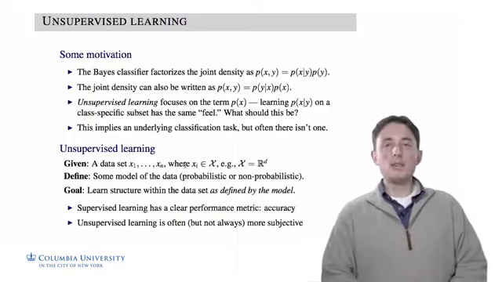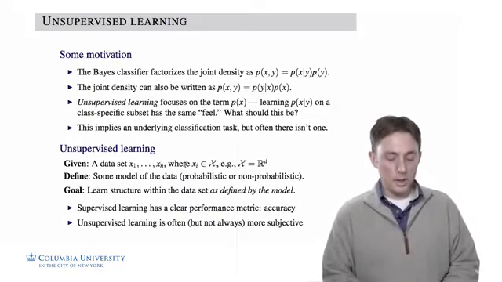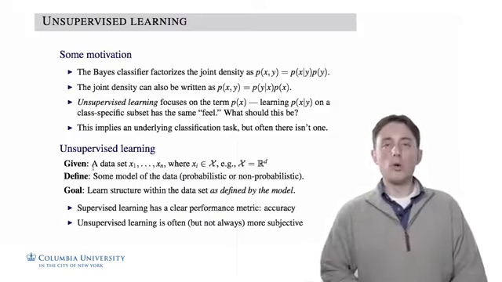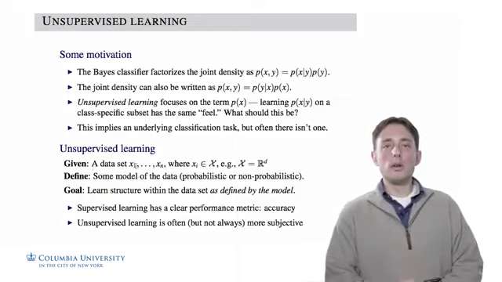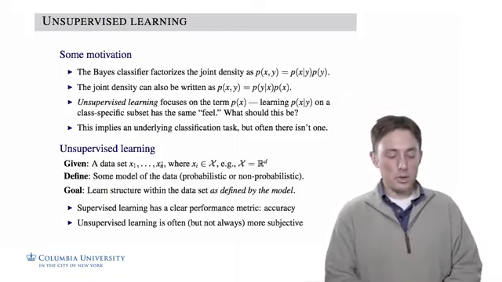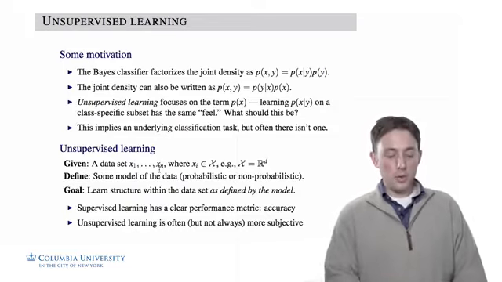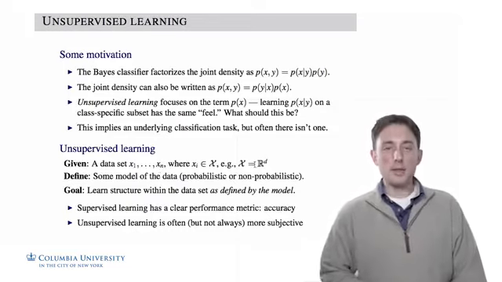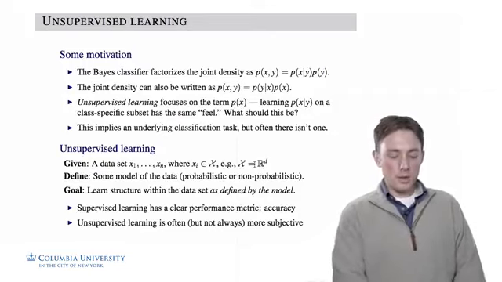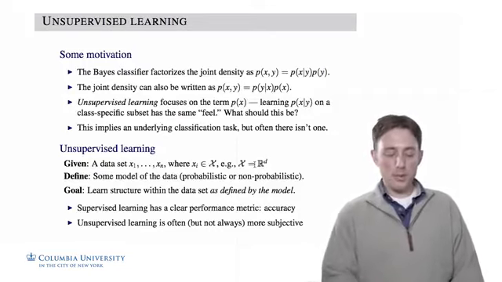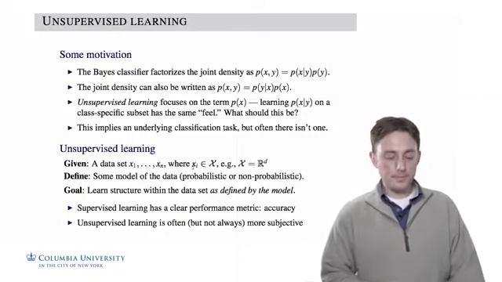So that leads us to the unsupervised framework. And so this is what we're going to be focusing on for most of the second half of this course. So we have now data given to us where we simply have these x's, x1 through xn, where each x is in some space. For example, x could be in R^d.